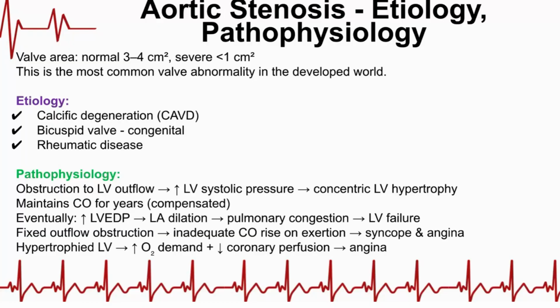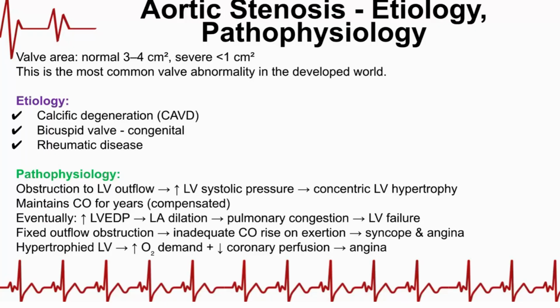So in terms of pathophysiology, what we see is that we have the obstruction to the outflow of the left ventricle. So therefore, to overcome that obstruction, the left ventricle has to increase its systolic pressure. And in order to do so, we go through concentric left ventricular hypertrophy.